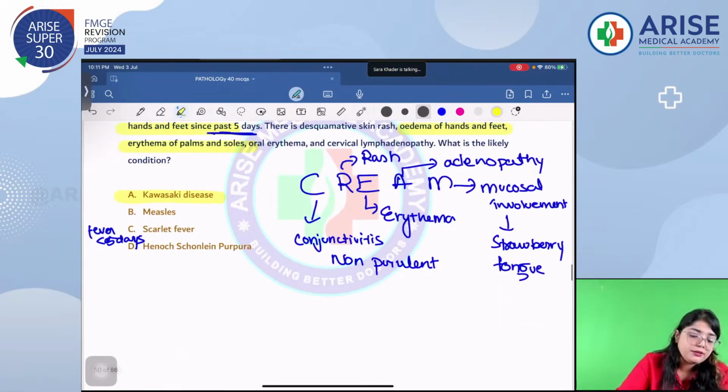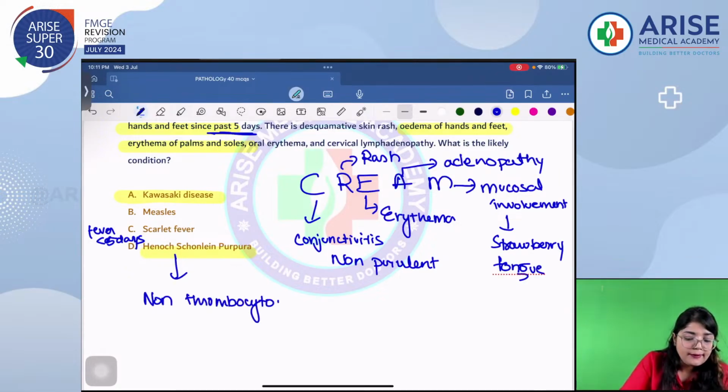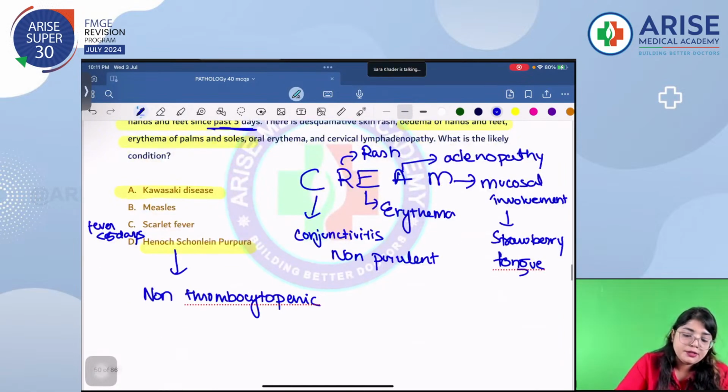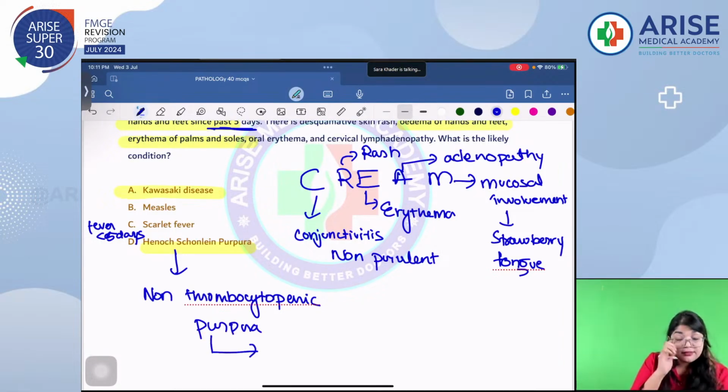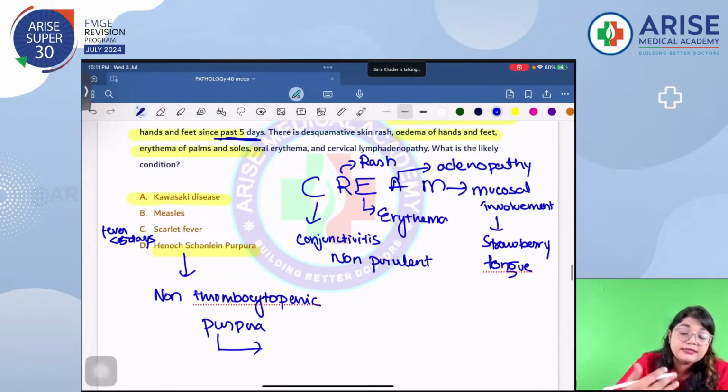What about Henoch-Schönlein purpura? Henoch-Schönlein purpura can also be known as non-thrombocytopenic purpura. So this is a small vessel vasculitis.